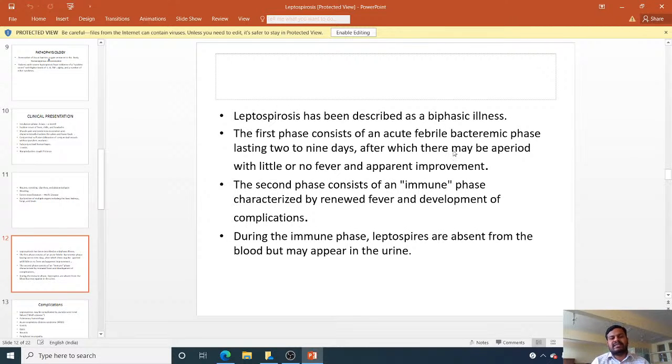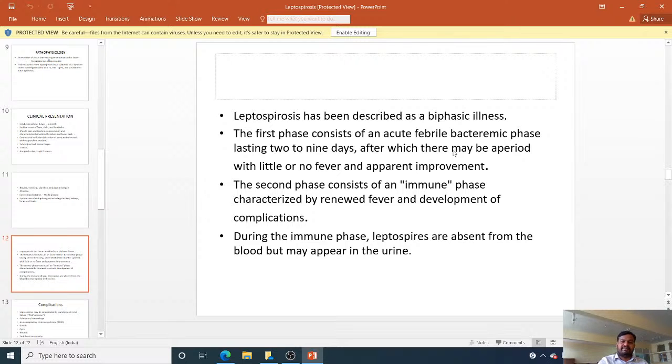Leptospirosis has been described as a biphasic illness. There are two phases. The first phase consists of an acute febrile bacteremic phase lasting 2 to 9 days, after which there may be a period with little or no fever and apparent improvement. In this phase, the patient is febrile, usually for 2 to 9 days.